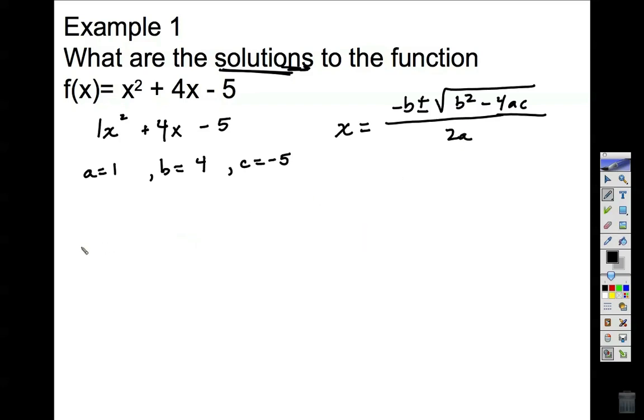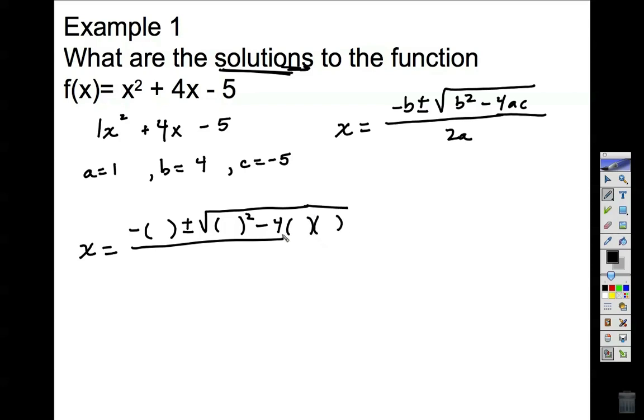So when I substitute these numbers into the quadratic formula, I like to rewrite the formula with parentheses. The reason I'm doing these parentheses is because a lot of people forget to include their signs when they substitute in here.